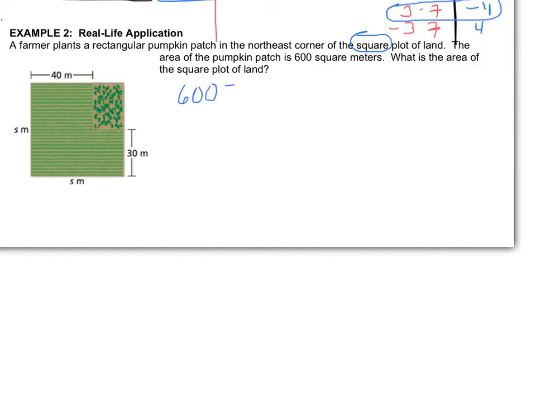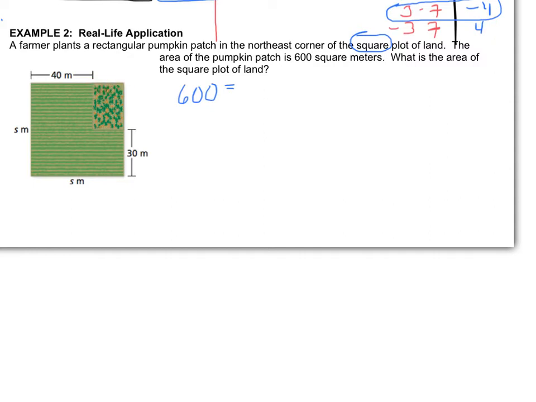So now I want to look at my diagram a little bit. Based on the diagram that I am seeing, let me just focus first on the upper part. So up here in this upper part, this side is 40. Down here we have S. Okay, so that's our variable. So what I want to focus on here is what is this little piece?